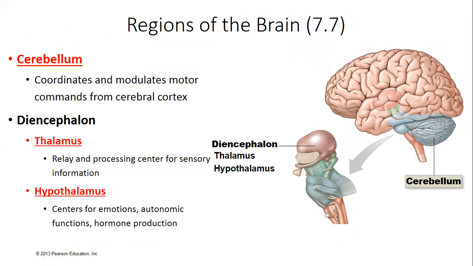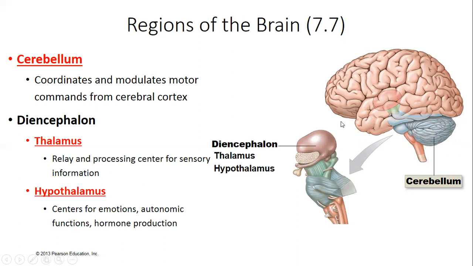So it can communicate back and forth with the cerebrum to coordinate motor functions like walking and repetitive movements like that.